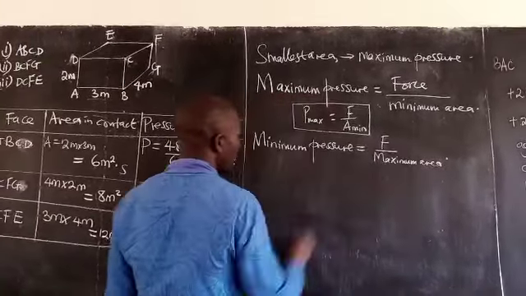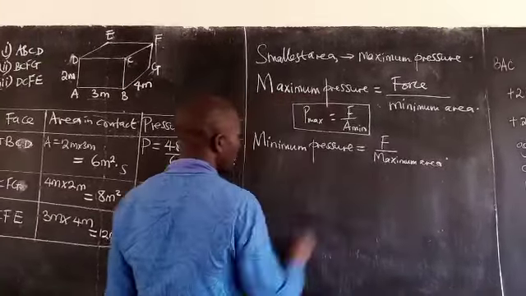That's our question. A box of mass 300 kilogram measures 6 meters by 4 meters by 3 meters.